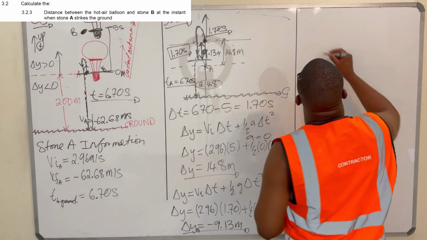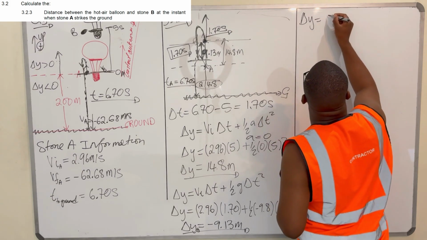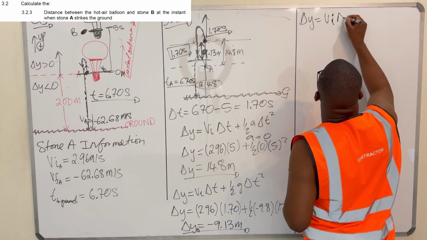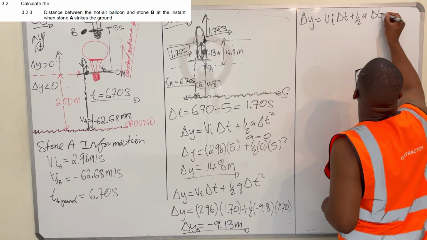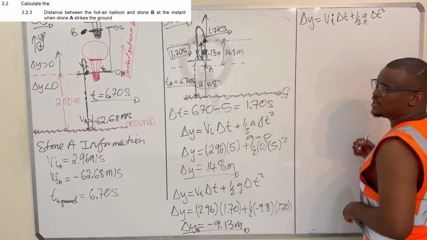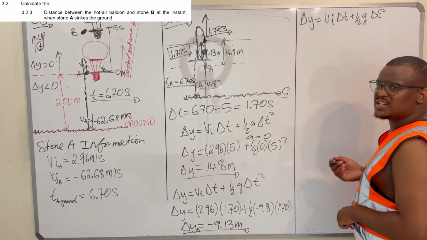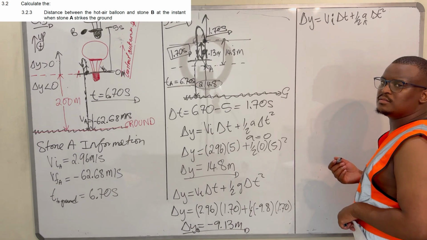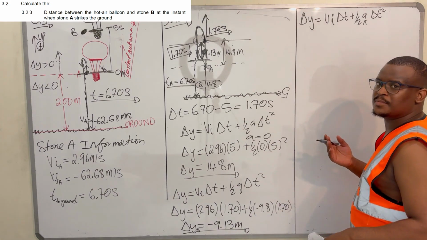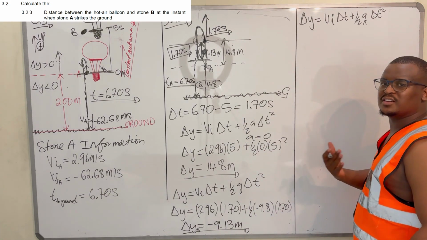So we say delta Y is equal to VI delta T plus half A delta T all squared. I said A, not G, because I use G for gravitational acceleration. A is for general acceleration, because the hot air balloon is not in free fall.